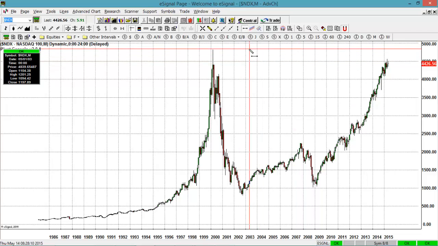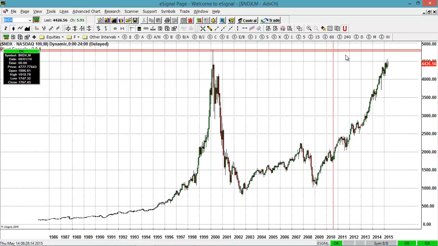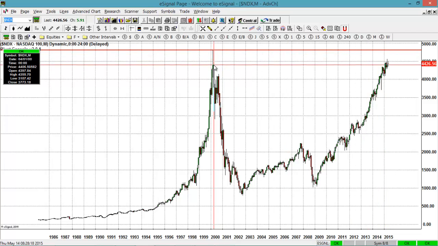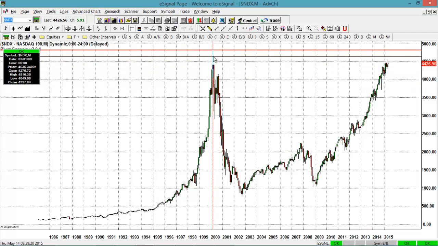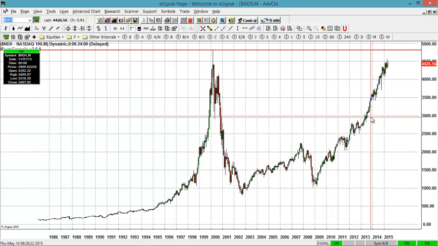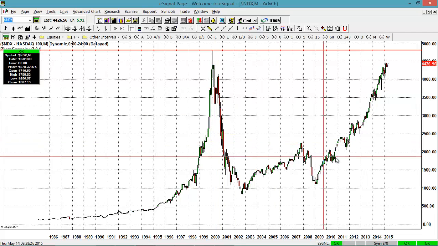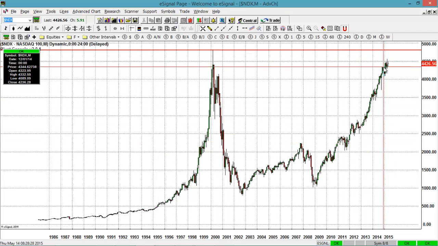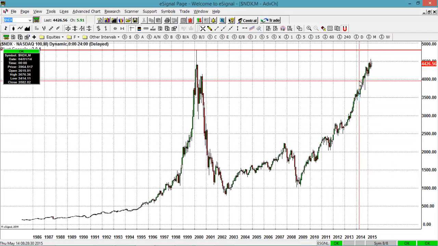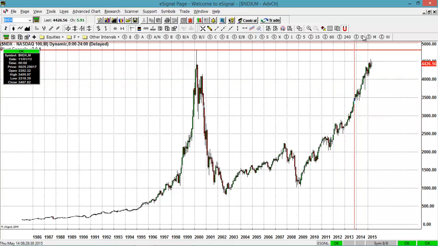Just for the long-term picture, we were waiting to see if the market is able to go to the previous high that was made all the way in the year 2000. We're in 2015 now, so it took 15 years for the market to even get back up to this level. That is definitely something we'll be looking forward to in the next couple of weeks, the next couple of months.